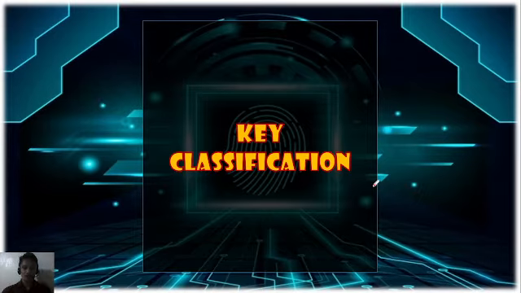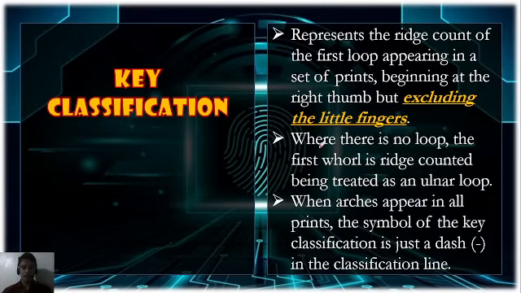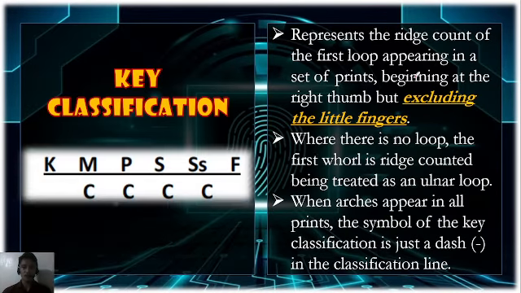So now, what are we going to consider in key classification? What are we going to do in here? In the key classification, we are going to consider all the fingers excluding only the little fingers, because we already used them previously in our final classification, right?